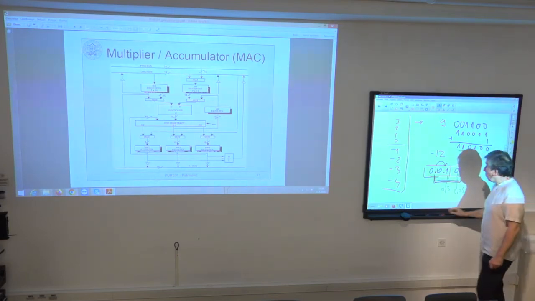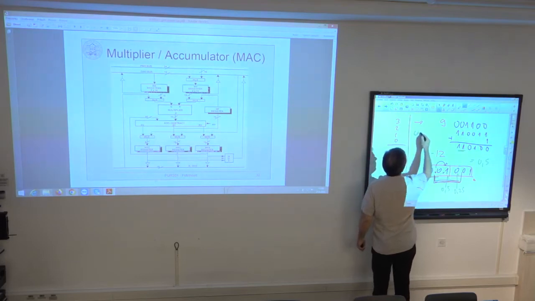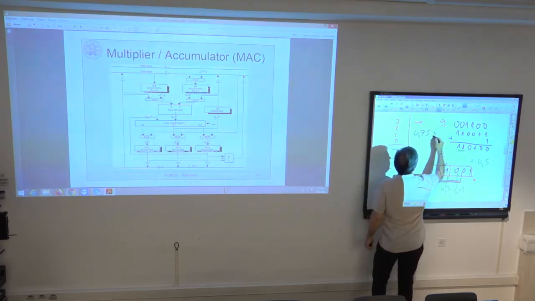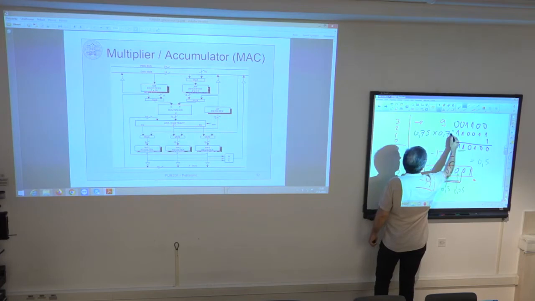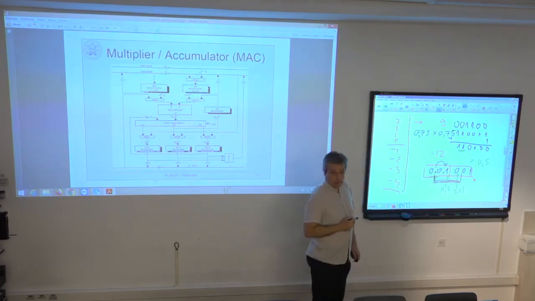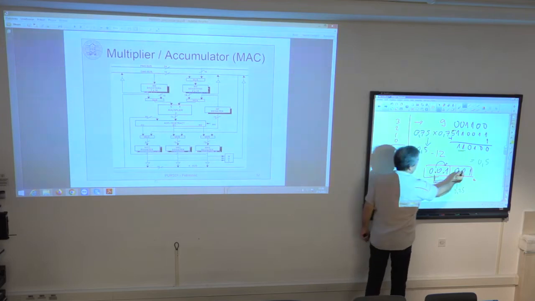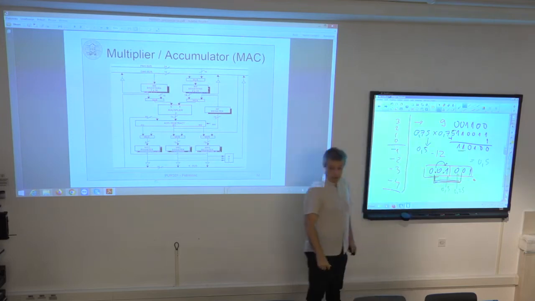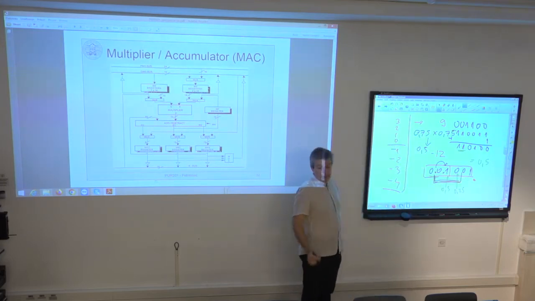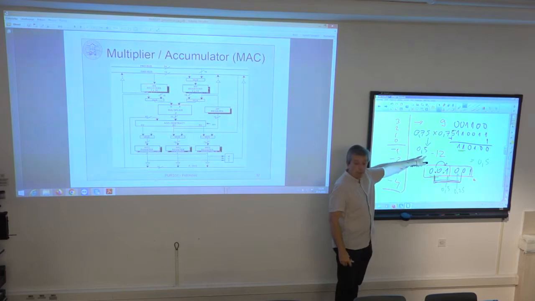Originally, what I wanted to compute was 0.75 times 0.75. That was what was supposed to be computed. And of course, the result of this operation is not 0.5. 0.5 is only if I truncate the lower part. I approximate this product with the upper word, and the result of the upper word is 0.5.